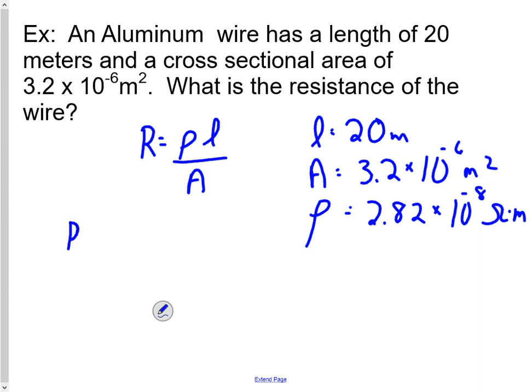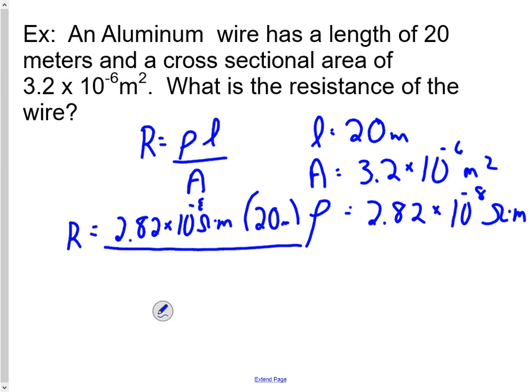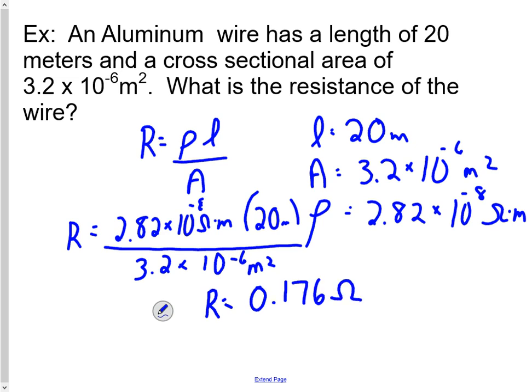So we have R equals 2.82 times 10 to the negative 8 ohms times meters times 20 meters, all divided by cross-sectional area, which is 3.2 times 10 to the minus 6 meters squared. So we're going to put that into our calculator, and we should get R is equal to 0.176 ohms.